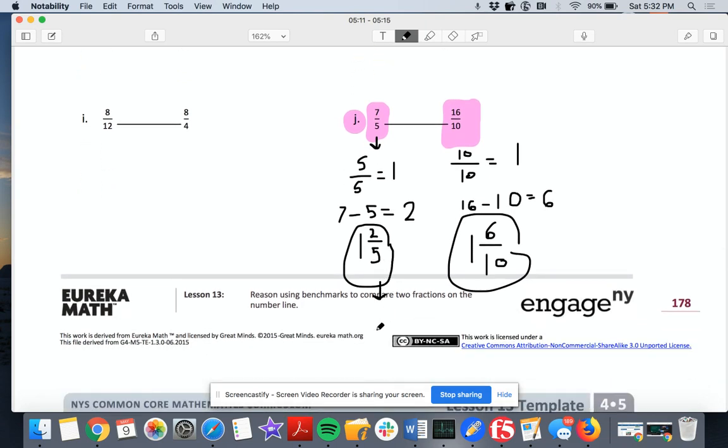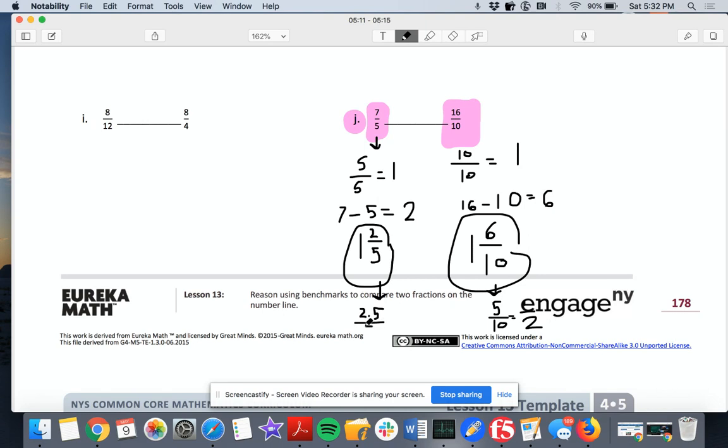So we know that half of 10 is 5. So 5 over 10 would equal to this 1/2 mark. And over here, we know that half of 5 is 2.5.